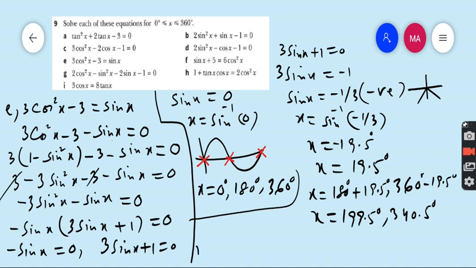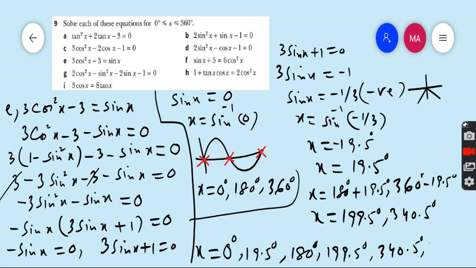So our final answer is x is equal to, write all angles in ascending order: 0, then 19.5 degrees, then 180 degrees, then 199.5 degrees, then 340.5 degrees, and then 360 degrees.